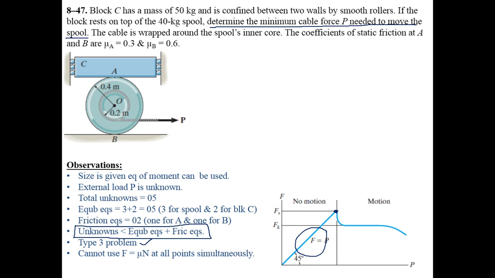And how can I prove that point A will remain in equilibrium? I am going to calculate the value of friction force at A using my equilibrium equations, and then I am going to calculate the maximum value of friction acting at A and then compare both these values, like we did in type 1 problem, because type 1 problems are essentially equilibrium problems. So you cannot use type 1 here because it is clearly mentioned that something is to move.